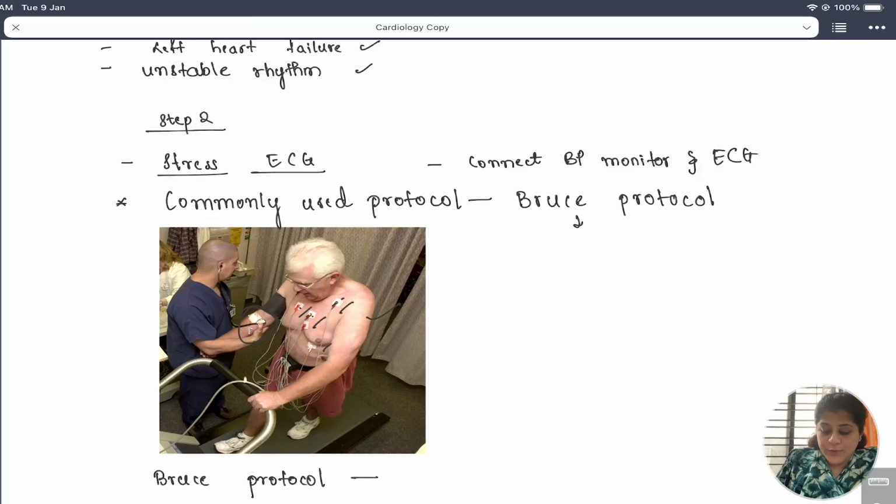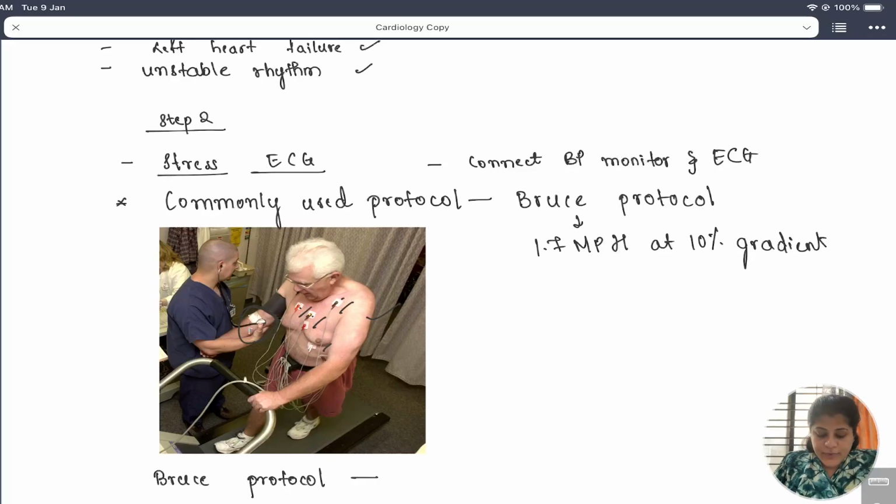In the Bruce protocol, you start at a speed of 1.7 miles per hour at 10% gradient. Now imagine the patient is like the patient in this image. The patient is very elderly, so the patient won't be able to start directly at 10% gradient. In that case, you will start at 1.7 miles per hour speed and 0 gradient.